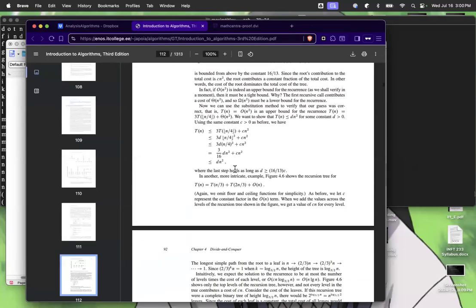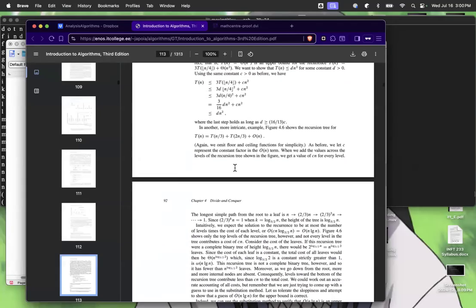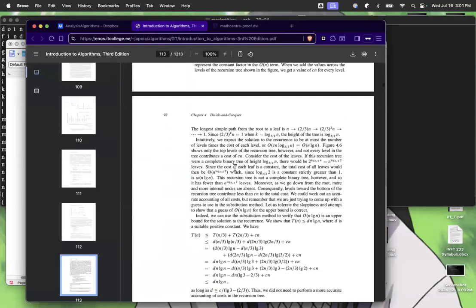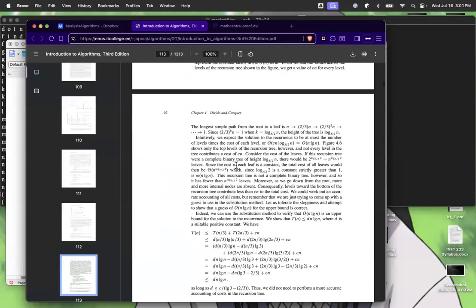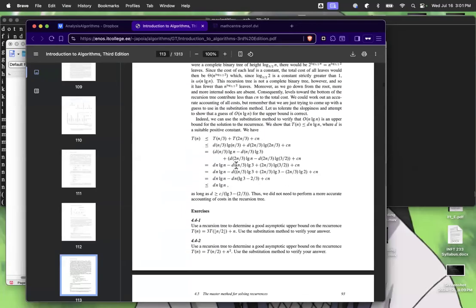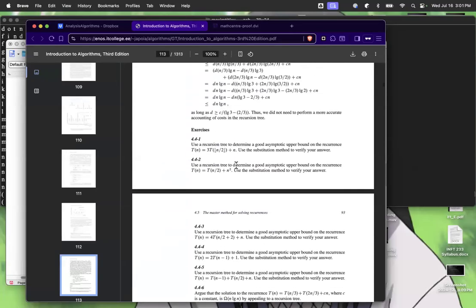Now, when it comes to this whole thing here, I don't intend to have you trying to work on things that are way too difficult in trying to figure these things out. If we had to try something like use a recursion tree to determine a good asymptotic upper bound on the recurrence 3T of n over 2 plus n, use the substitution method to verify your answer.